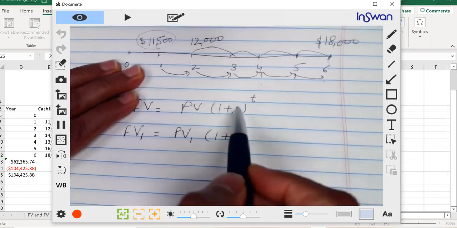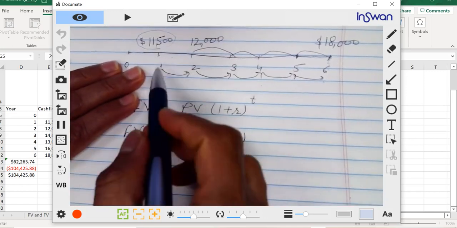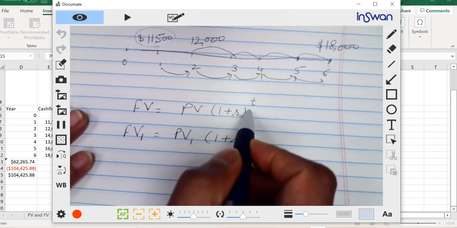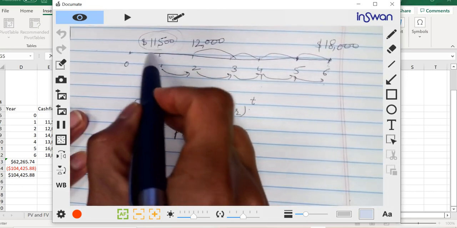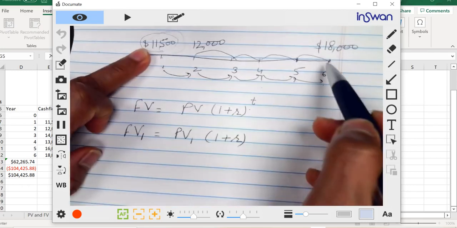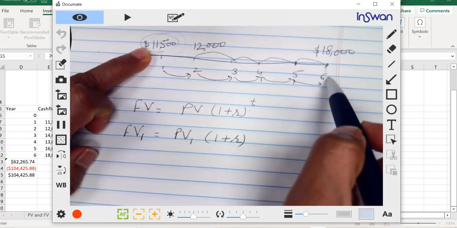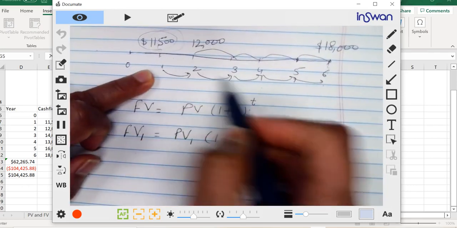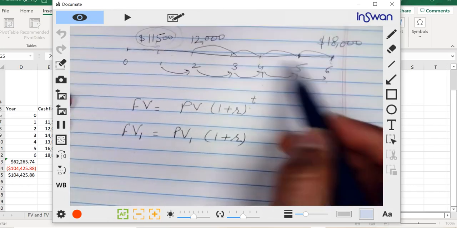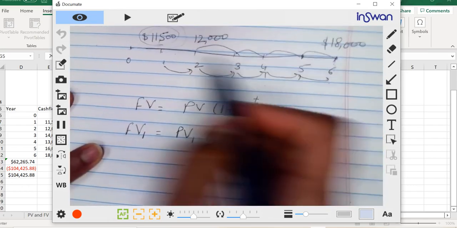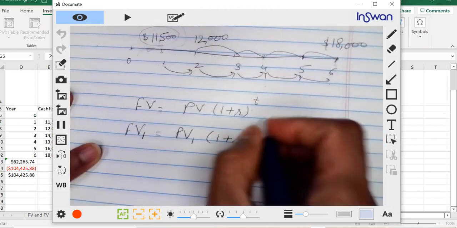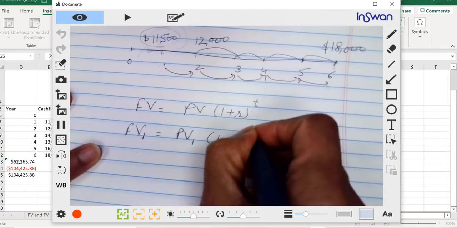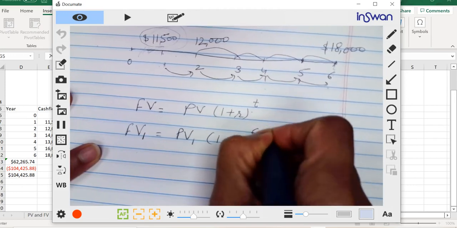Now, we are not getting the future value of the cash flow for 1 year. What we are doing is getting the future value of this cash flow, which will stay invested up to 6 years. So it will stay invested for 6 minus this time period, that is 5 years. So here it would be 6 minus 1.